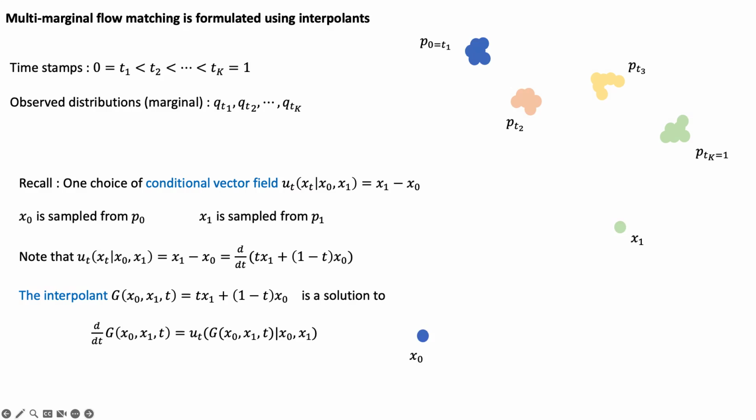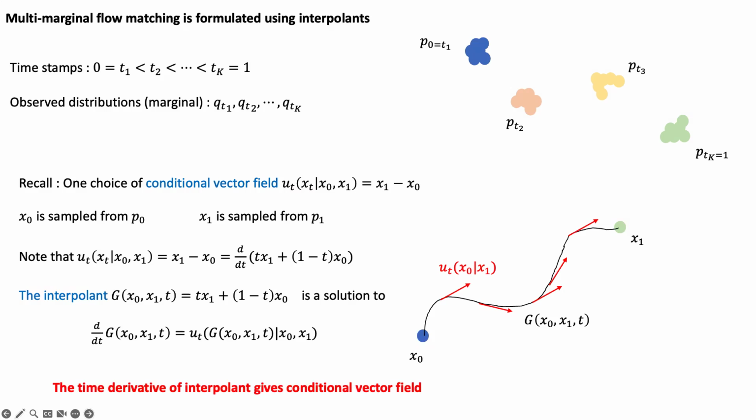So if you have two input points, starting and final points, then the interpolant is some line in between. In this case, this is a straight line, but it can be some curve in between. And the vector field is basically the direction of this curve. Okay, so the message is that the time derivative of the interpolant gives the conditional vector field.